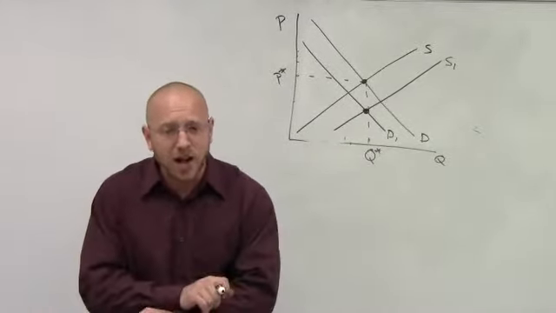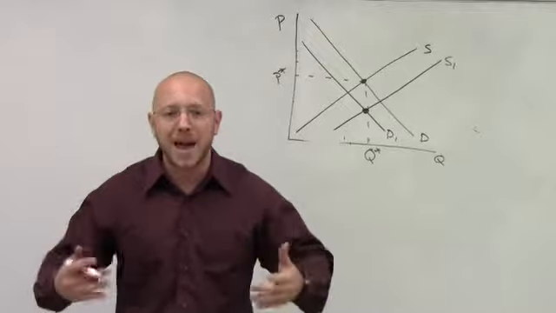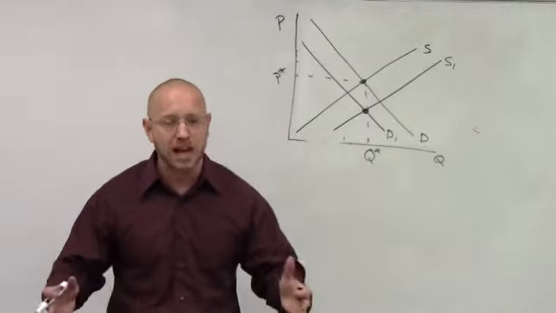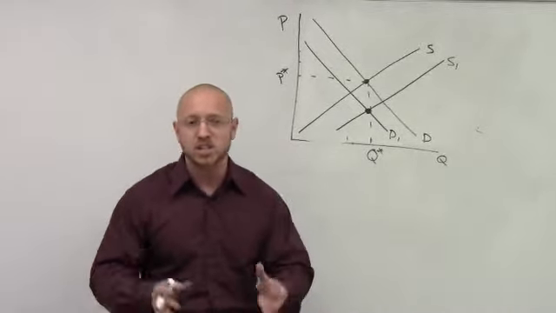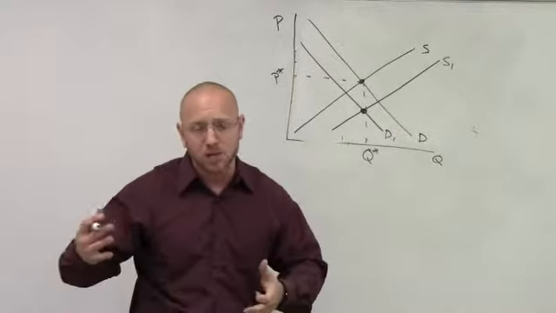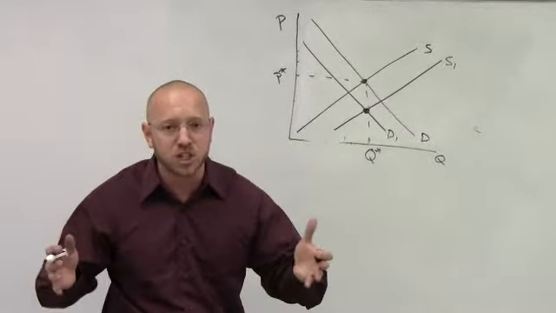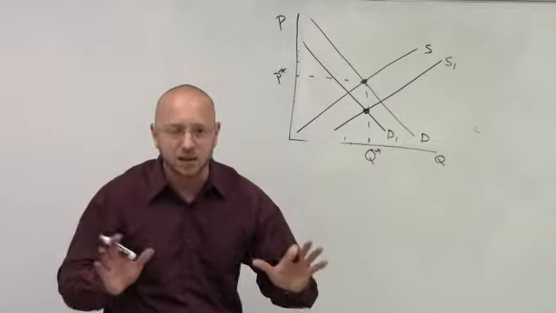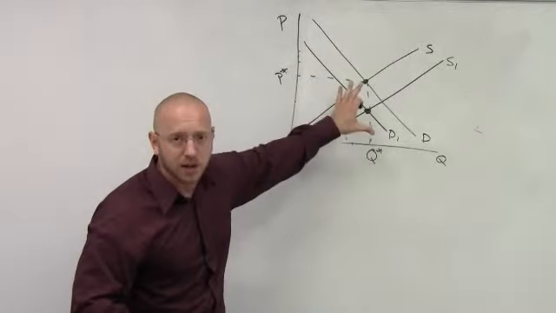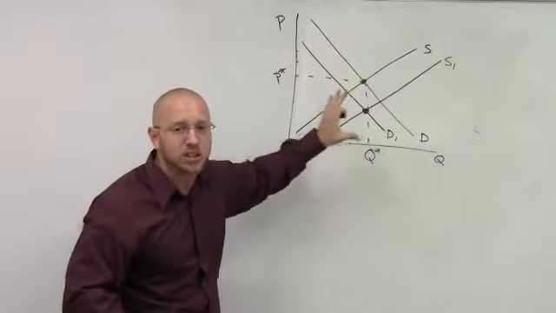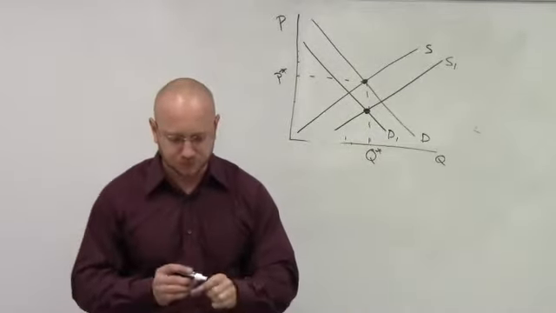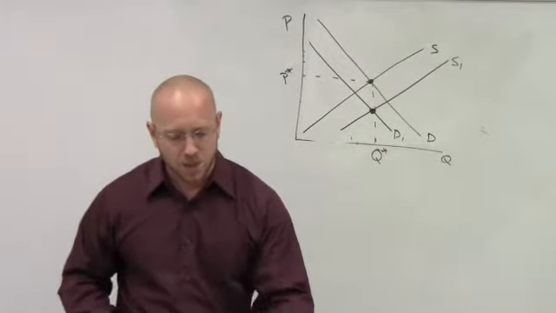And if they have counteracting forces, unless you know the magnitude of the effect, you don't know what the outcome is going to be. So if you get a question where the supply and demand curves both change, make sure to take your time, draw them up here, and think: are they both having the same or different effects on price and quantity? Okay, that's pretty much it.